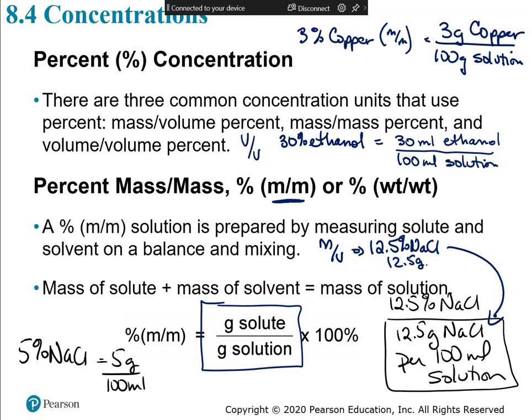So 12.5 grams of NaCl over 100 milliliters of the solution. That 100 milliliters of the solution includes the amount of salt that's in there. So it's not just 100 milliliters of water, it's 100 milliliters of everything in that solution mixed together.